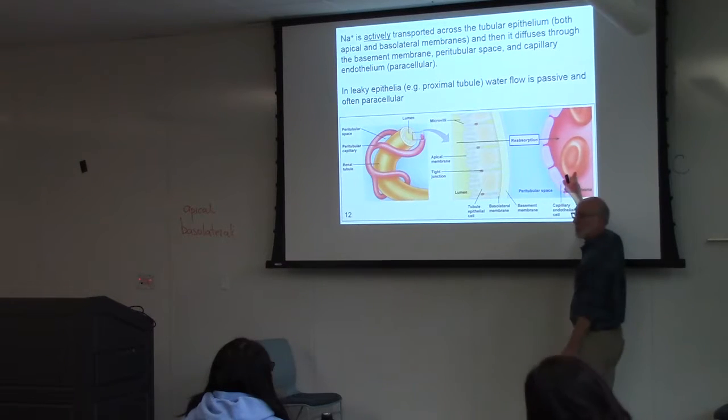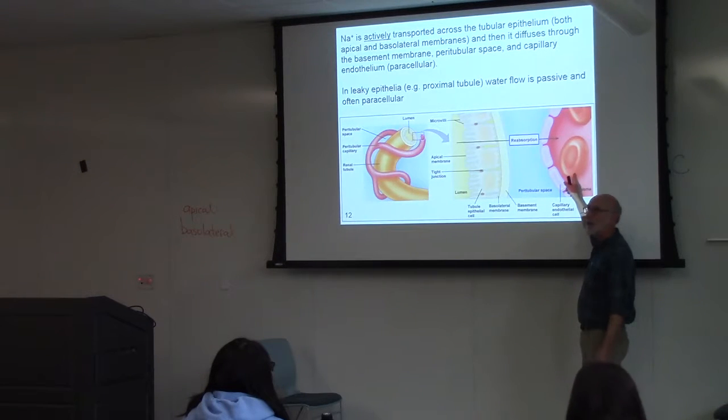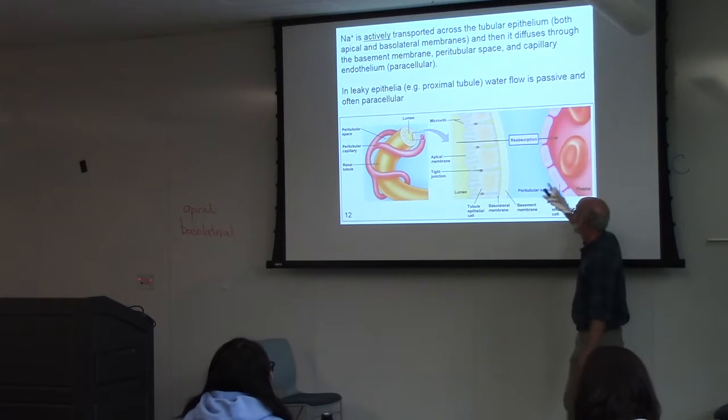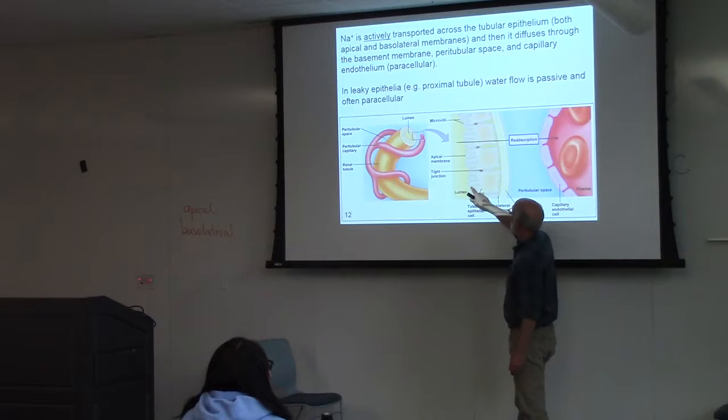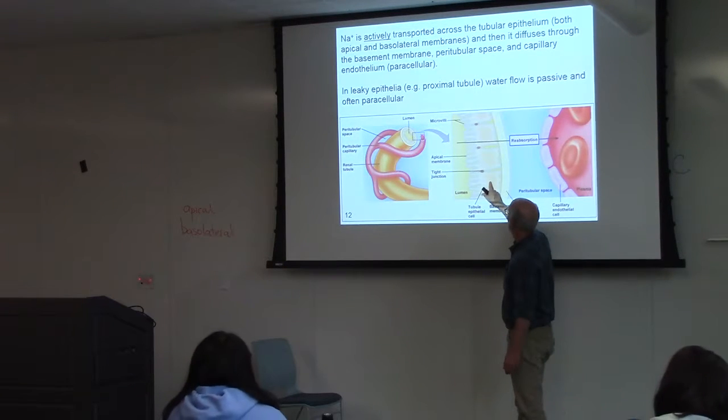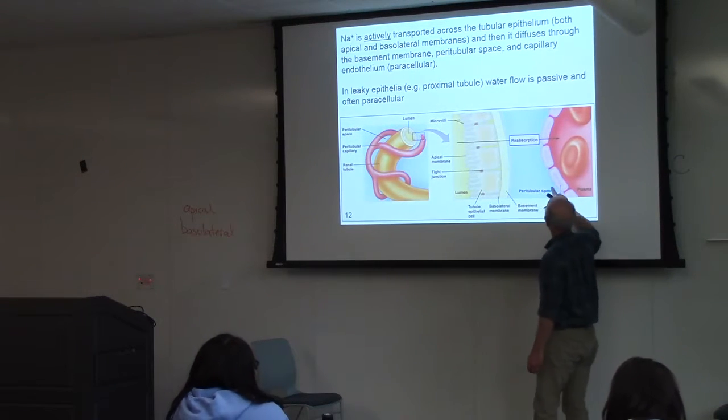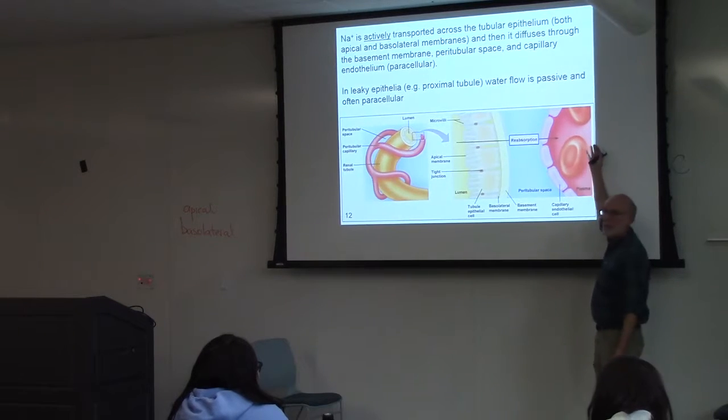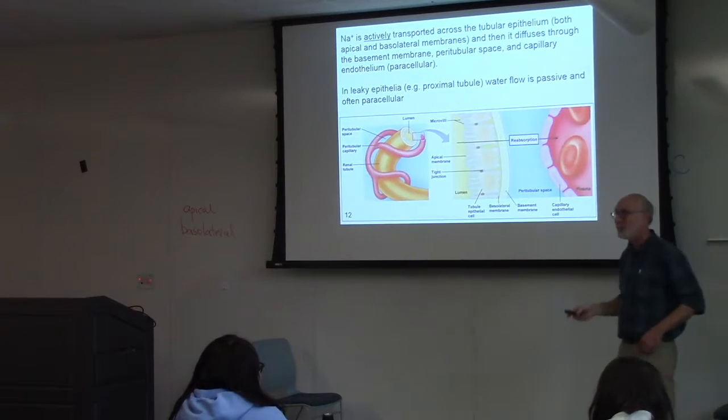And then the sodium is simply picked up by the blood to get recycled from the kidney back to the rest of the body. Okay, so sodium transport, sodium pumping, diffusion, diffusion, diffusion, or flow.